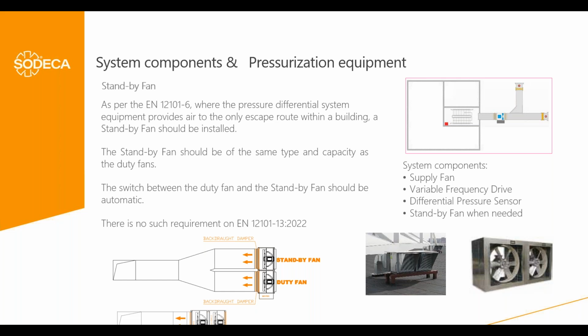Our systems are also capable of doing this commutation, and there are two possibilities when we install standby fans. One is to install them in parallel. In that case, the fans need a backdrop damper, so that there is no recirculation of air through the fan that is not operating. The other possibility is to install them in series.